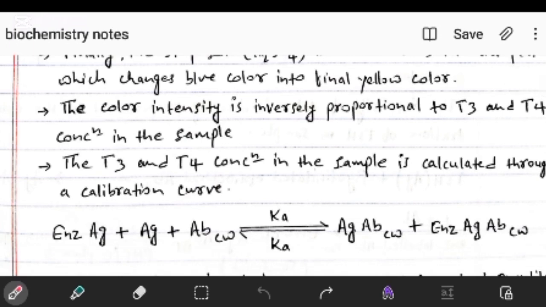The color intensity is inversely proportional to T3 and T4 concentration in sample. The T3 and T4 concentration in sample is calculated through calibration curve.